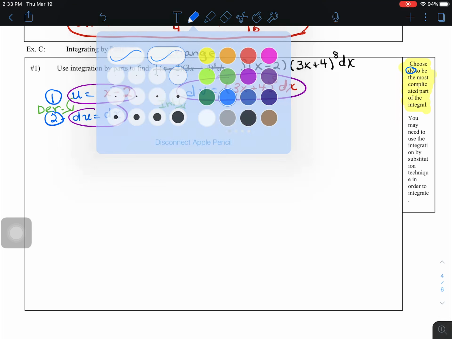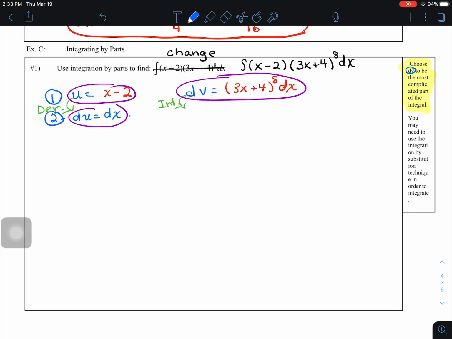Now to get v, this is where we're going to be integrating both sides. So we're integrating dv, we're integrating this side here, and here's where things are going to get a little bit more complicated. We know that when you integrate a 1 dv, that gives you v. But here's where we have a little bit of an issue, which is how to integrate this. This is where we left off in chapter 5.